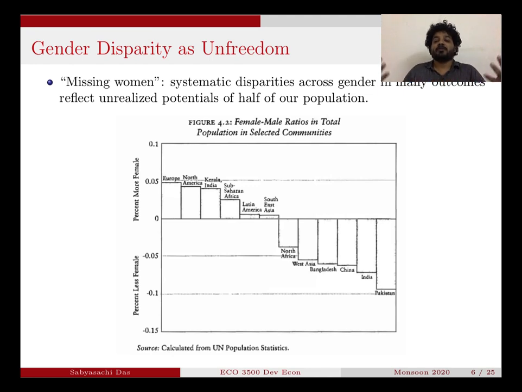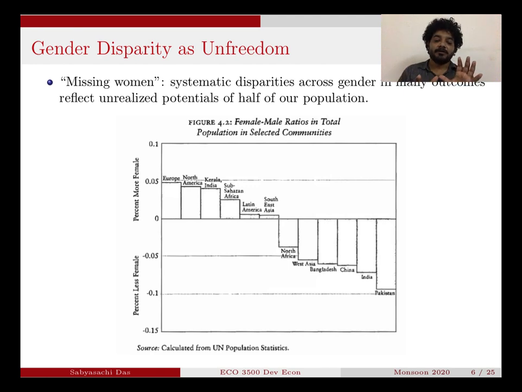So if there were no discrimination in society, we'd have a little bit more girl children being born than boys. So if there were no discrimination post-birth, then in the population we should see a little bit higher than 50% of women than men.